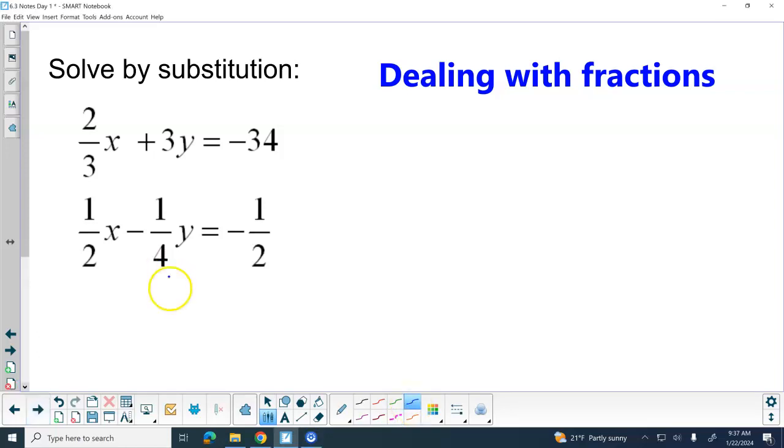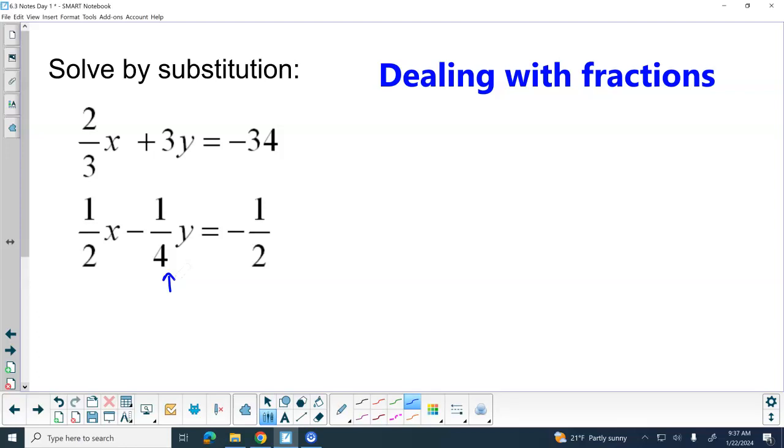Actually, solving for y on the second equation is the easy way to go. Because at some point, what am I going to need to do to get y by itself? I'm going to have to multiply by 4, right?